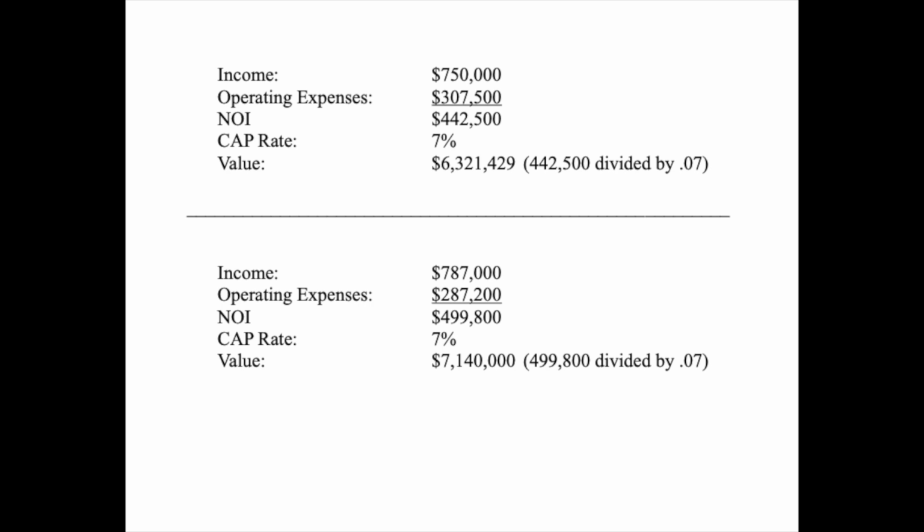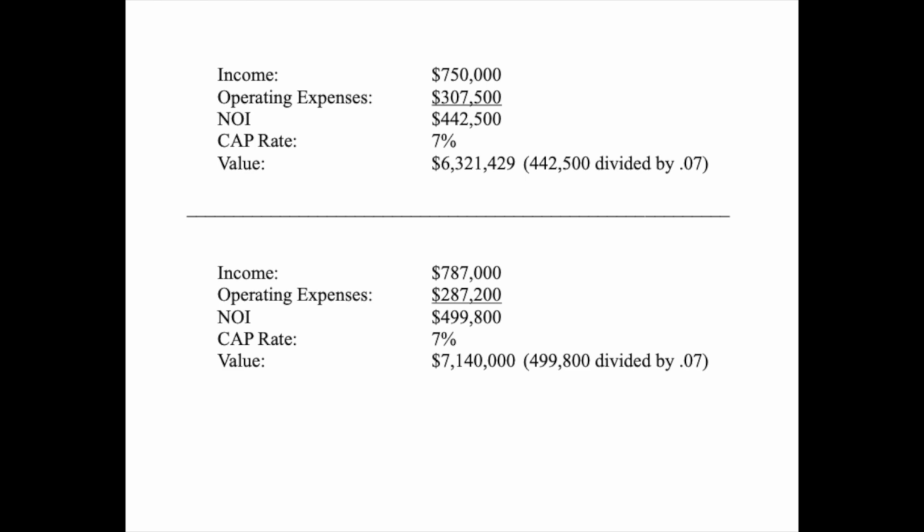But you won't see that in the offering memorandums. Once an agent gets through with the market adjustments, you will generally see more income than that asset's producing and less operating expenses than that asset's producing. Not always, but usually. That same facility would look very similar to this in an offering memorandum. Income $787, because the owner doesn't price the units at what they should be.